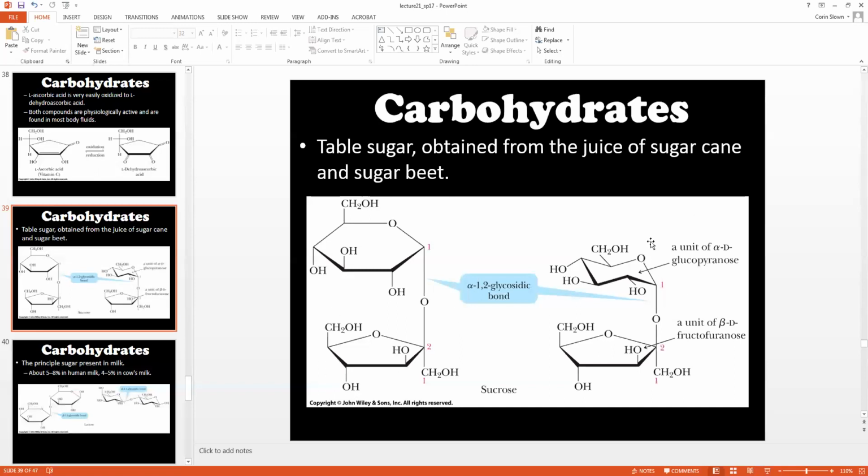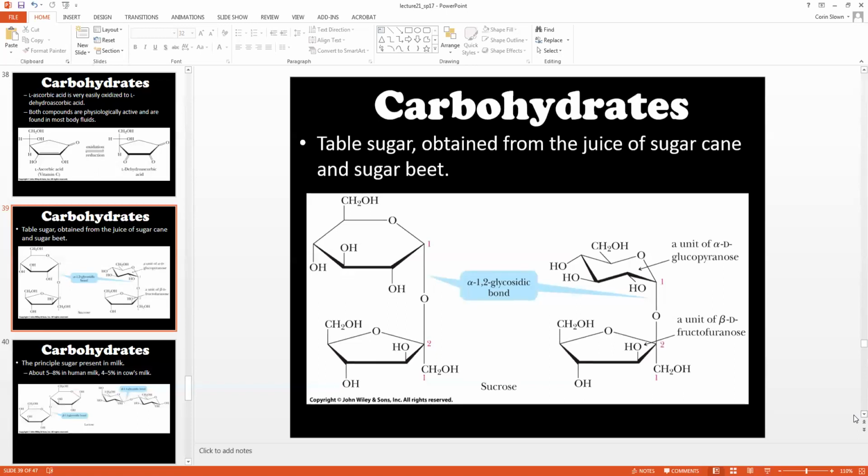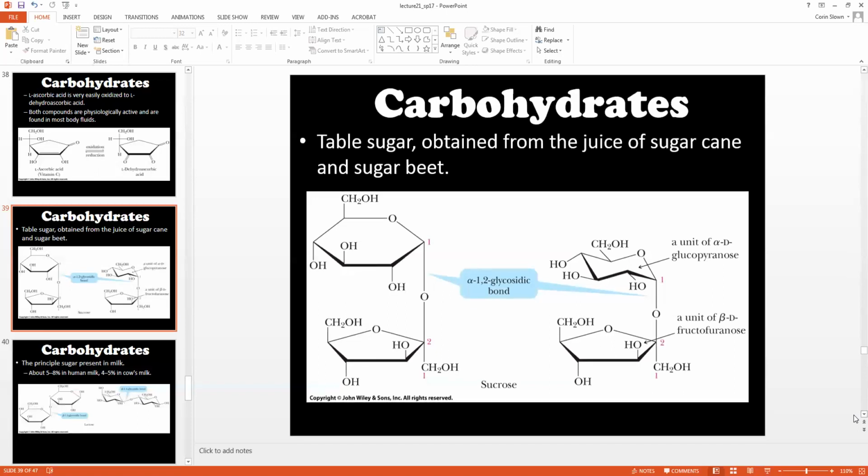So this is a unit of alpha D-glucopyranose, and this is a unit of beta D-fructofuranose. These are both really important because they form sucrose, which is what we think of as table sugar or baking sugar. It's also the sugar that is frequently found in fruits and sometimes even vegetables, in other types of plant-based compounds.